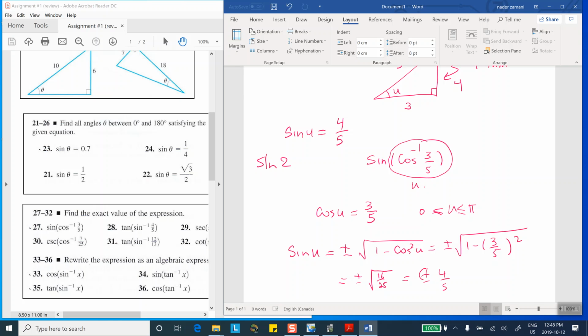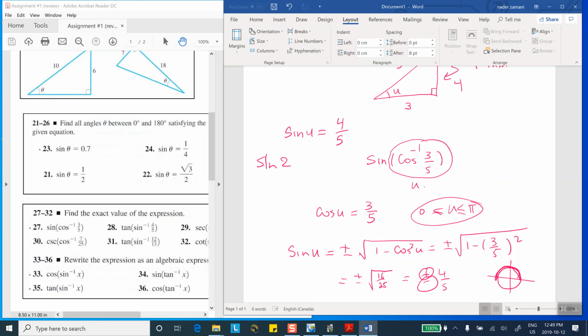Now, which one? The question is whether it is plus or minus. Well, because u is between 0 and pi, sine is always positive, because u between 0 and pi means that you are in these two quadrants, and sine is positive.